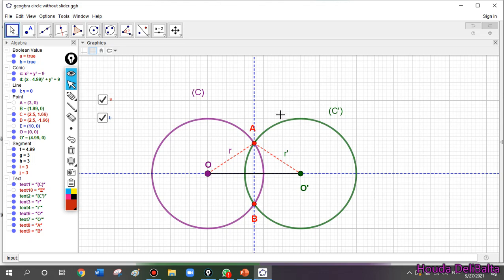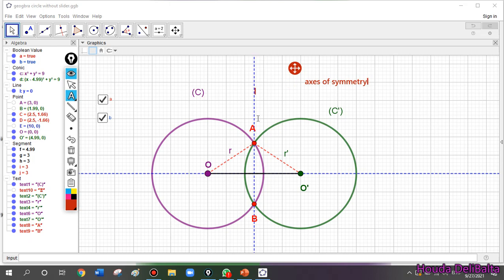So if we fold it upside down, every part up will coincide with every part down, and if we fold it from right to left or from left to right, all of these parts here are going to coincide with these parts here. That's what we mean by axes of symmetry. The plural of axis is axes of symmetry.